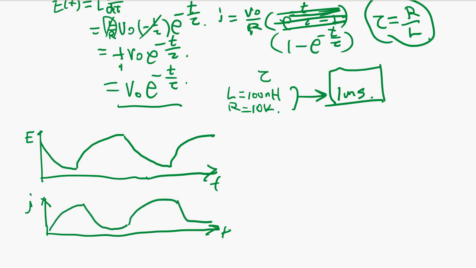So it's like they are complementary, capacitance and inductance. In the transient waveform, the voltage for one looks like the current for the other one, and the current for one looks like the voltage for the other one. Okay, that's complementary.